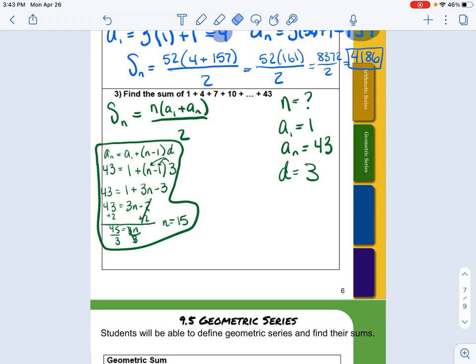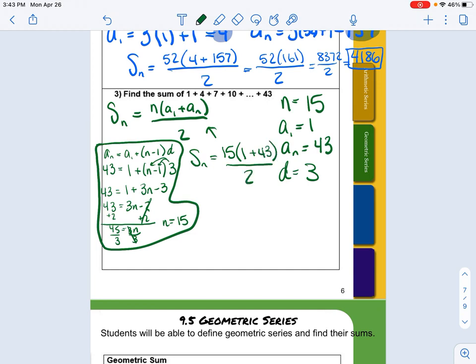So we can use that solution to solve our series. Plug stuff in. We can go back to the sum equation. We have 15 terms. Our first term is 1. Our last term is 43. We don't need the common difference anymore.